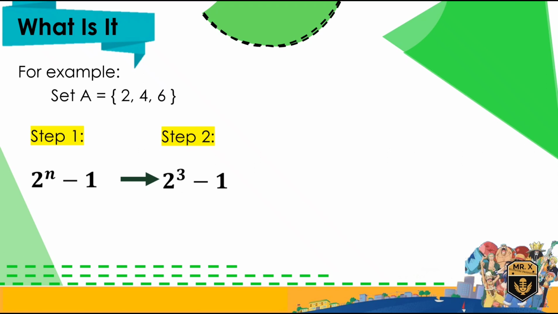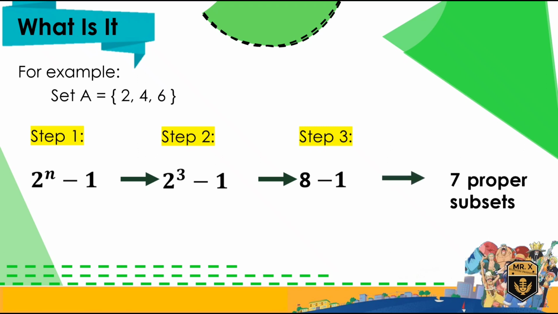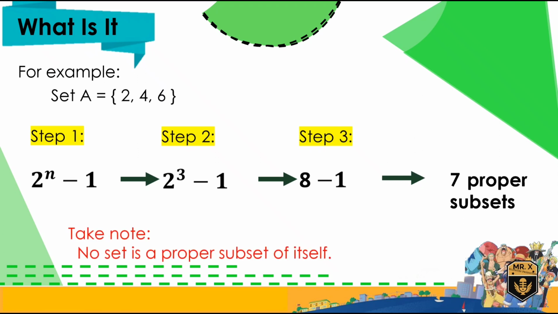Again, what is 2 cubed? 2 cubed means 2 times 2 times 2. Three times the 2. And the answer is 8 minus 1, which is 7. There are 7 proper subsets if a set has three elements. Now, take note, no set is a proper subset of itself.